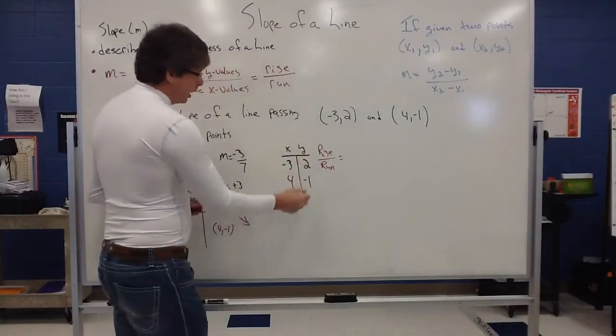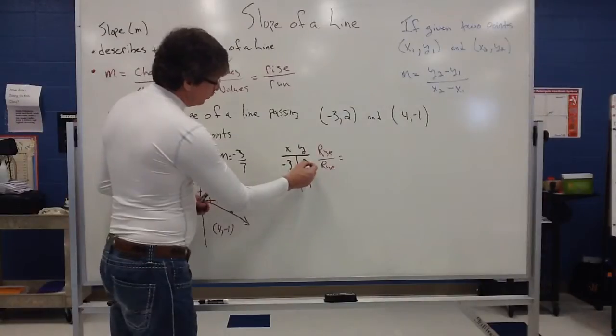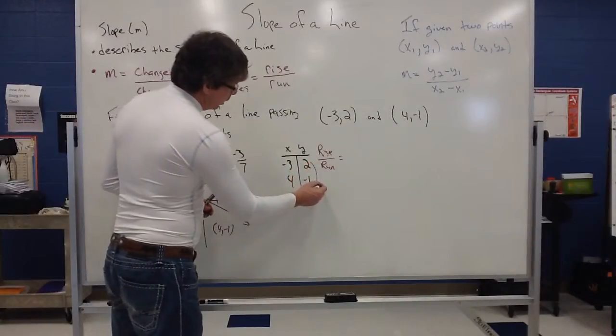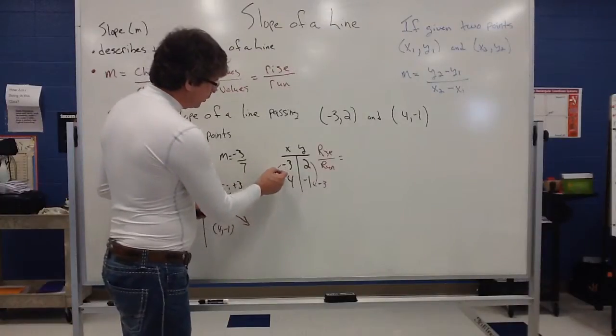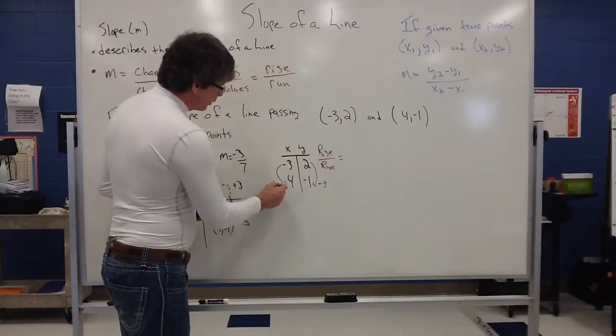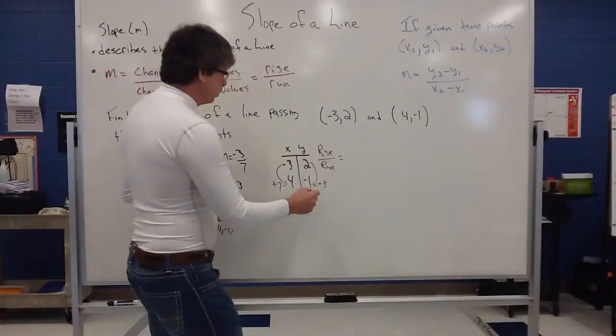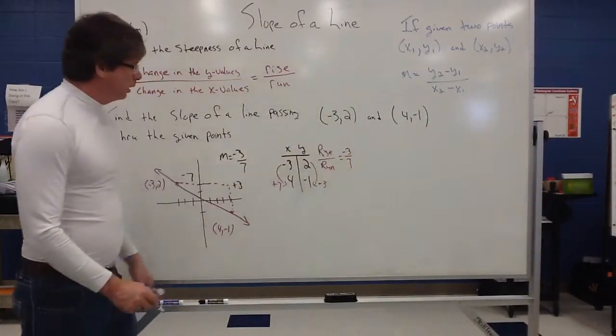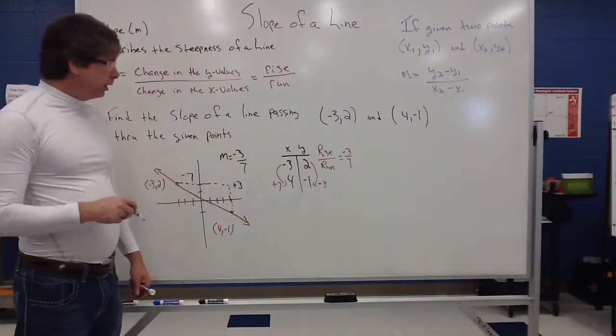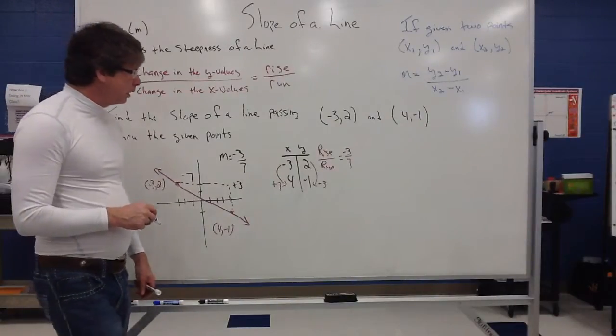I need to identify the change in the y. So if it goes from a 2 down to a -1, that decreased by 3. And if I went from a -3 to a 4, that's an increase of 7. So therefore, my slope would be -3/7. So if you can see that math in the form of a table, use that table to identify your slope.